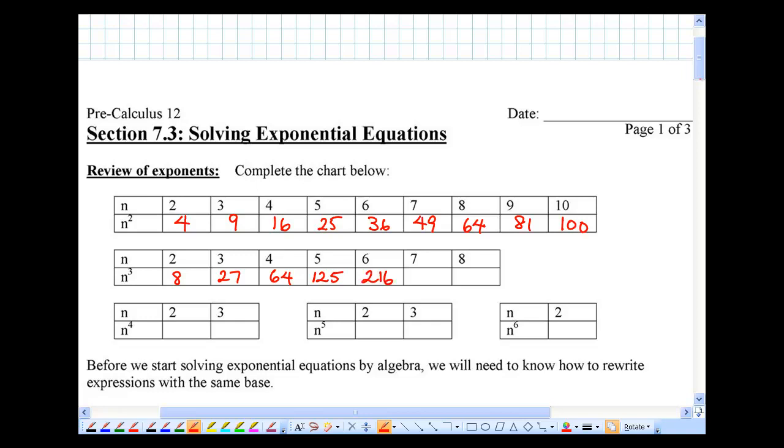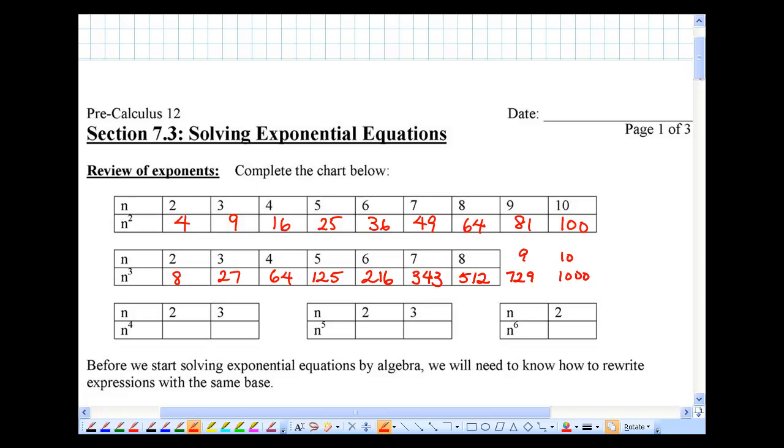I believe that's 216. 7 cubed, 49 times 7. How about 343? 8 cubed, 64 times 8. I think that's 512. If you want to do 9 and 10, you could do that too. I think that's 729, and that's 1,000. But I was nice enough not to include those.